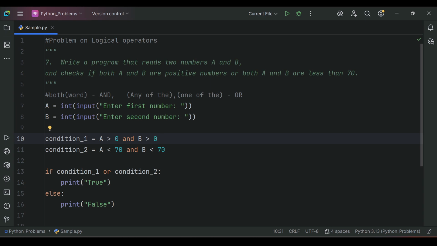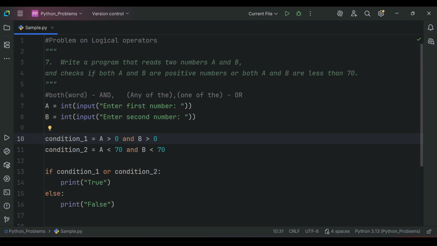Here true or true, in both the conditions must be true, at that time only it's true. In the final result, if any one condition is true, the output should print true. Otherwise, the output should print false.